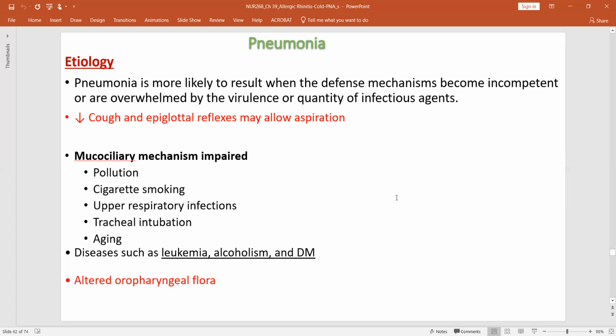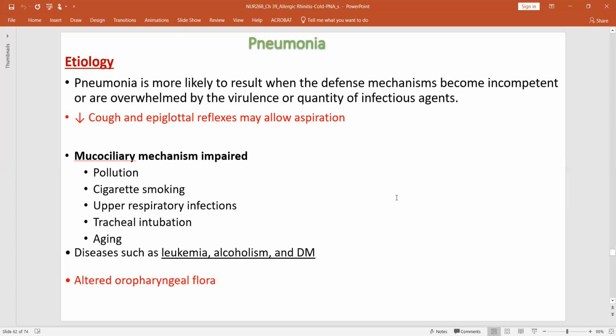These are the mucociliary defense mechanisms that will prevent pneumonia, and they might be impaired.